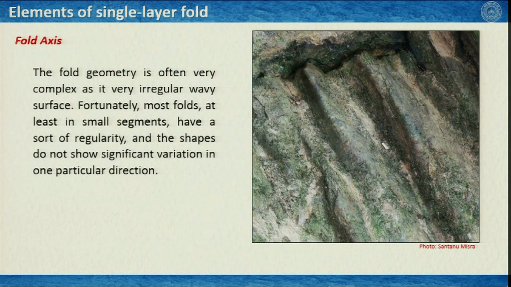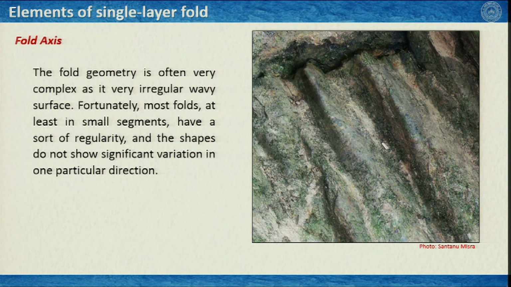The fold is mostly defined by a parameter known as the fold axis. Now, the fold axis is something that is initially not so easy to understand or to conceive, but I will try to give you ideas on the different ways you can understand the fold axis.